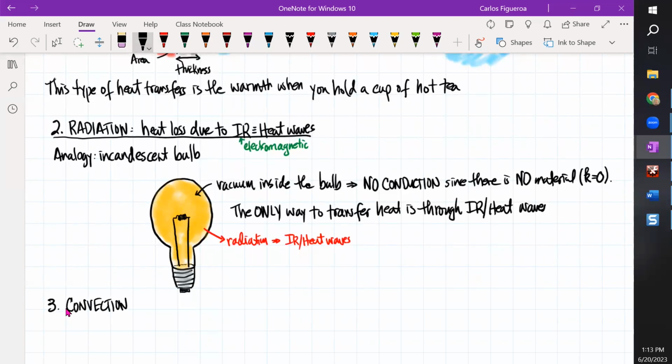With convection, you have heat loss through the air via convection currents. I won't say very much about this, but here's what we do know. You've probably heard that hot air rises and cold air falls. That's the same for the water.